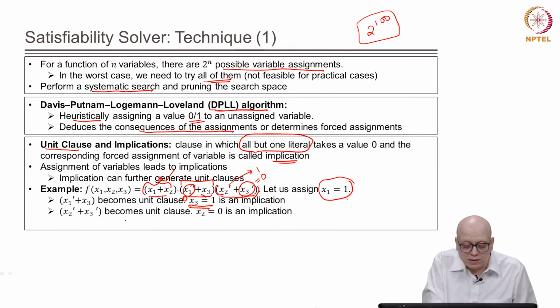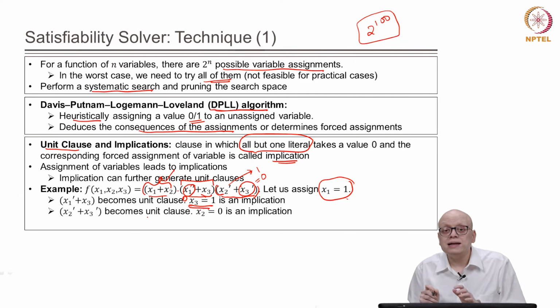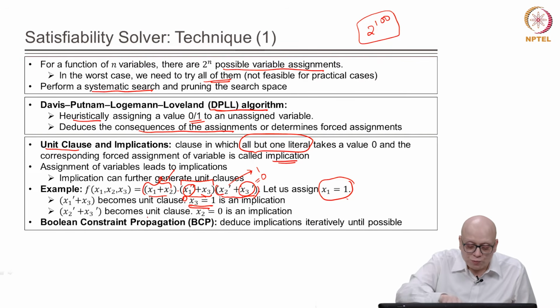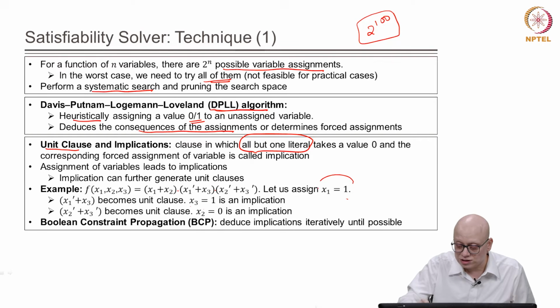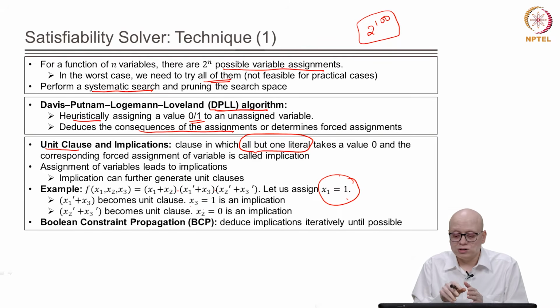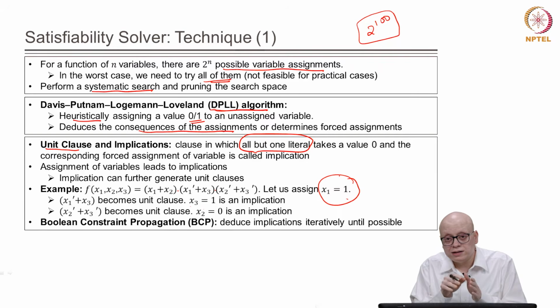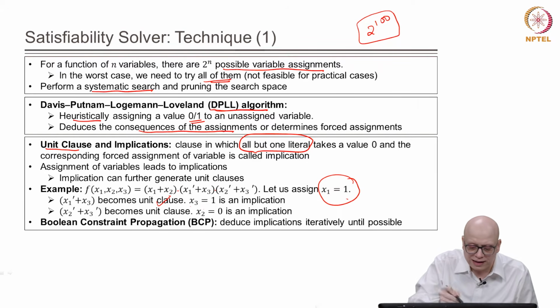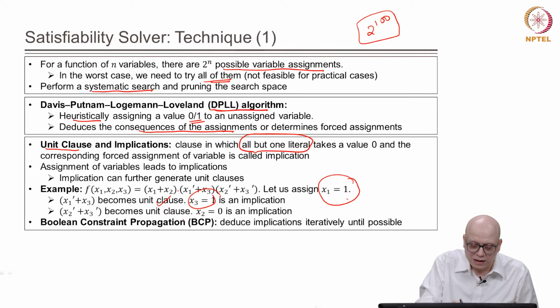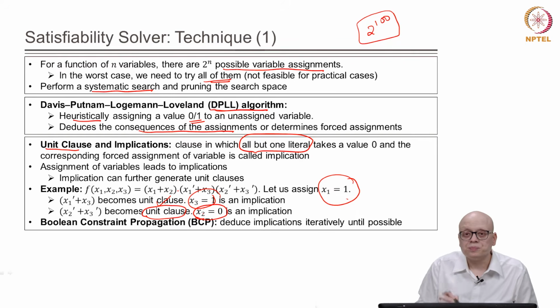So, x2 equal to 0 is an implication here. When we assigned one of the variables, in this case x1 equal to 1, there was a unit clause, and therefore we had an implication, and this implication led to another unit clause and another implication, right.